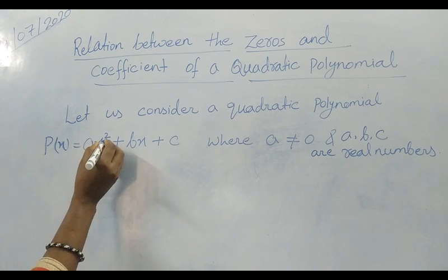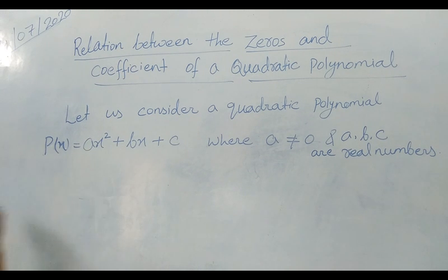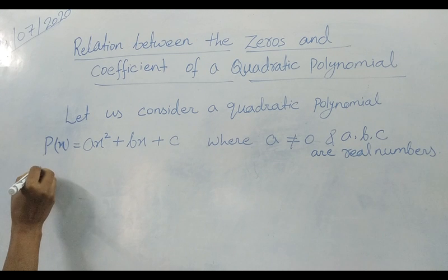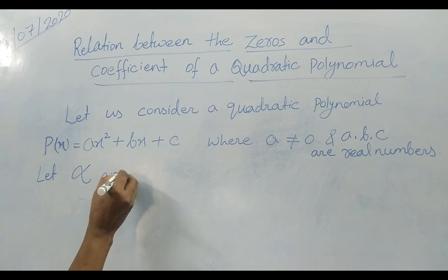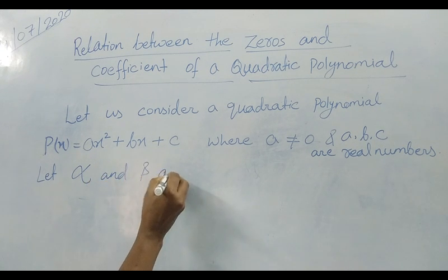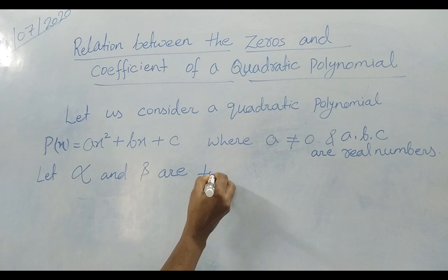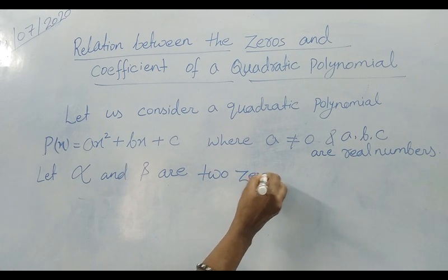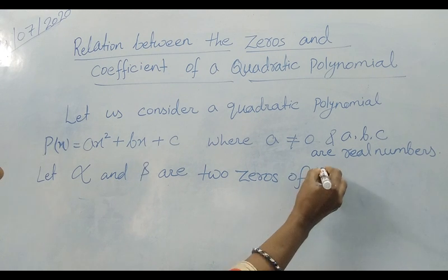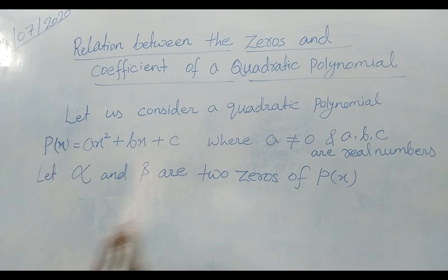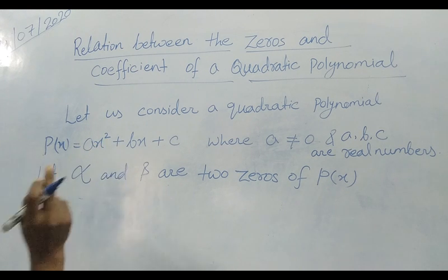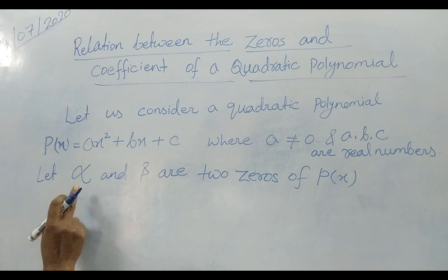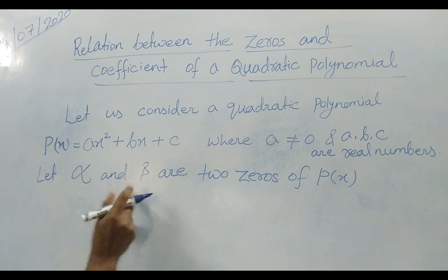Now, according to the maximum power of this polynomial, we consider let alpha and beta are 2 zeros of p(x) in this polynomial. Since the maximum power is 2, that means it has 2 zeros, and we denote the zeros with the symbols alpha and beta.